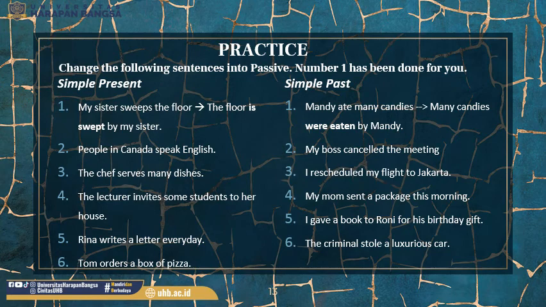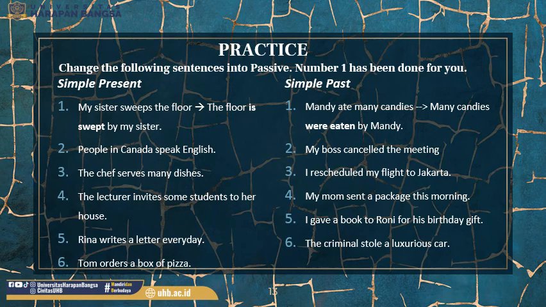Next, simple past. Mandy ate many candies. Ada subjek Mandy, kemudian predikat atau verb ate, dan objek many candies. Untuk kalimat pasif, kita switch subjek dan objeknya. Jadi objek pada kalimat aktif kita jadikan sebagai subjek.